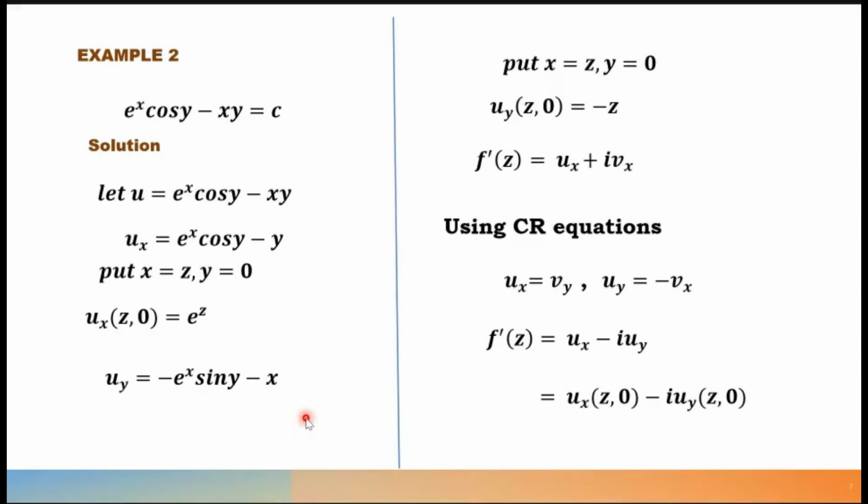So since uy has a minus sign over here, this minus z will become plus z. So we will get e raised to z plus i into z. Integrating that, e raised to z integration is e raised to z and z integration is z square by 2 plus c.